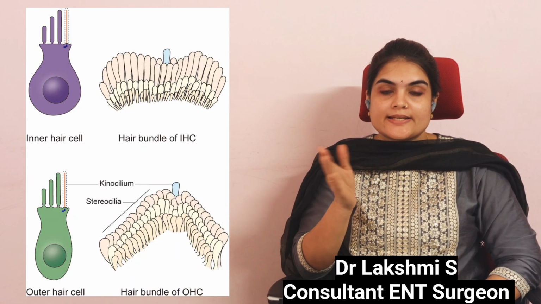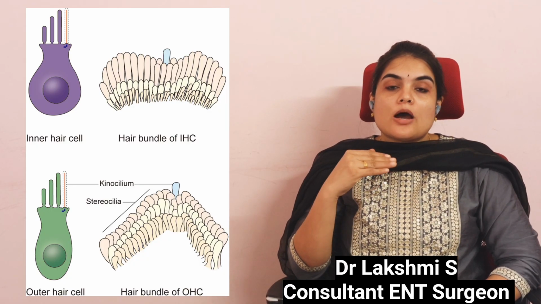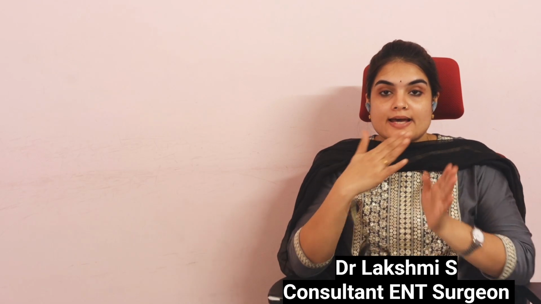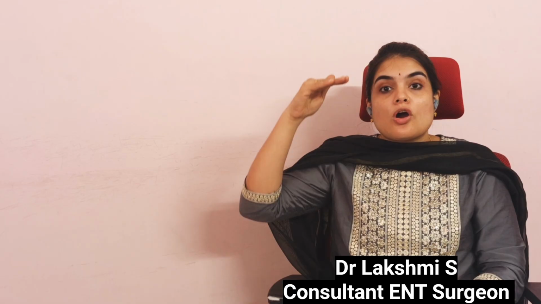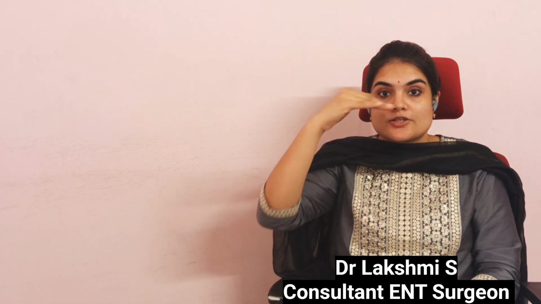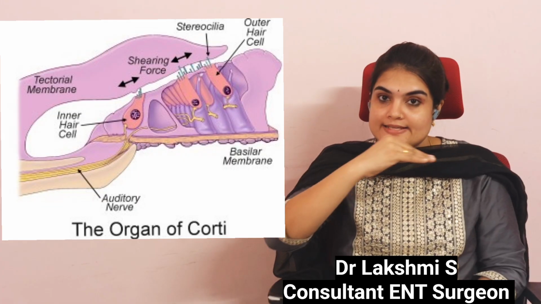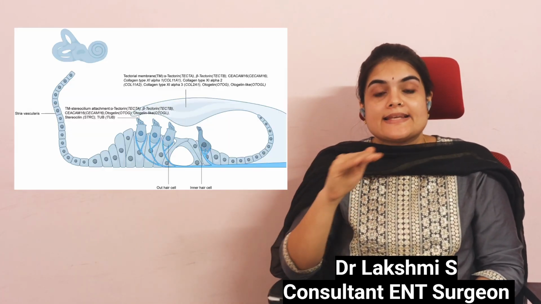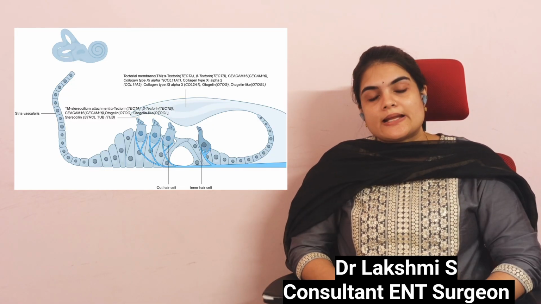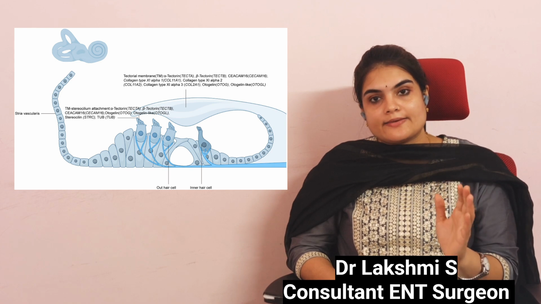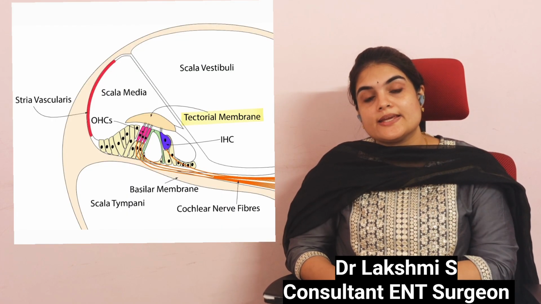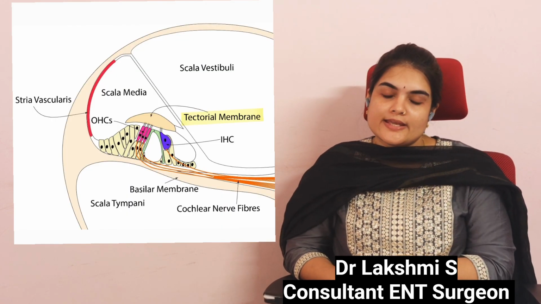Inner hair cells have 2 or 3 rows of stereocilia that are free floating, whereas in outer hair cells, the stereocilia are arranged in bundles of V, and the tallest stereocilia will attach to the tectorial membrane. The tectorial membrane covers the entire organ of Corti. It is an acellular structure. It is medially attached to the spiral limbus and connects the stereocilia of the outer hair cells, not of the inner hair cells.